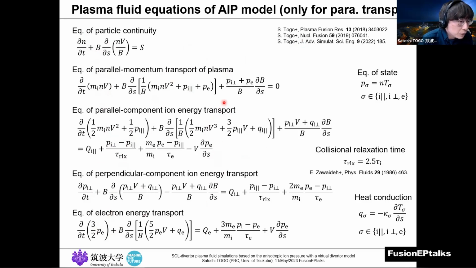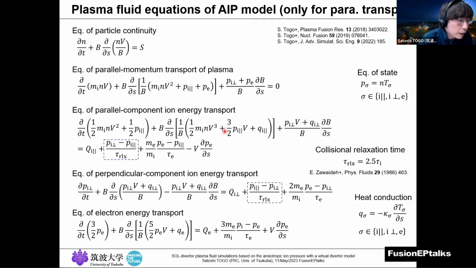The equations of particle continuity and electron energy transport are almost the same as those in the conventional fluid model. And please note that the equation of parallel momentum transport doesn't have the parallel viscosity term, and thus it is a hyperbolic one.